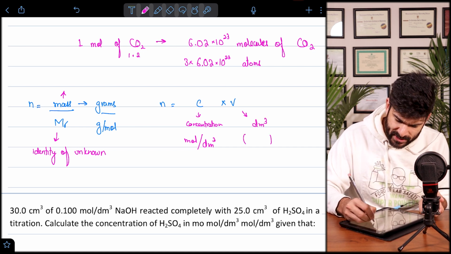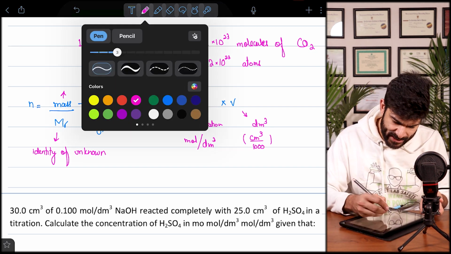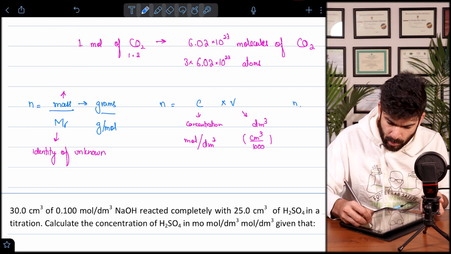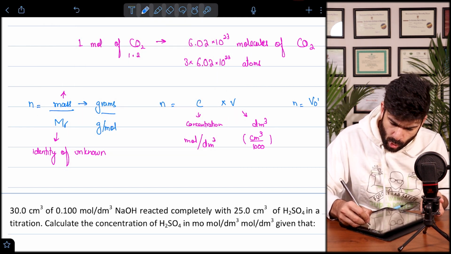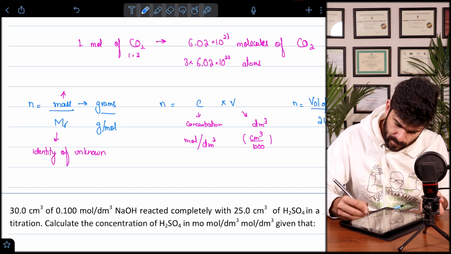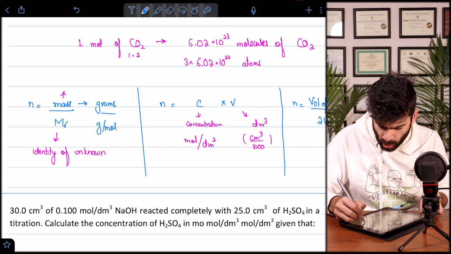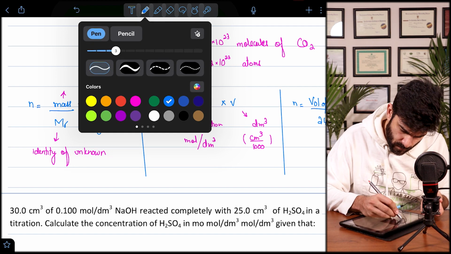Or if we have a volume in centimeter cube, we divide it by 1000. And the last formula, for gases, is moles equals volume of gas divided by 24 dm cube. So these are three more important formulas of moles.